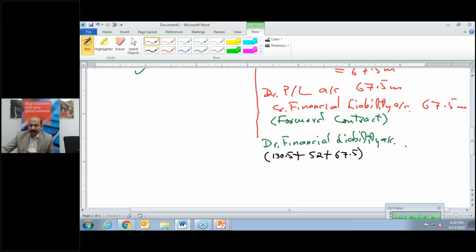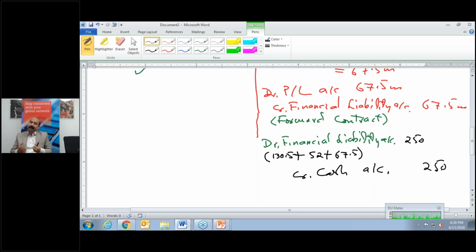So the total will become 250. So you will have to pay cash of 250 equal to the loss. Remember, if there is a gain, you will receive the cash. But this is not the cash you will receive; in fact, you will be paying at this point in time.